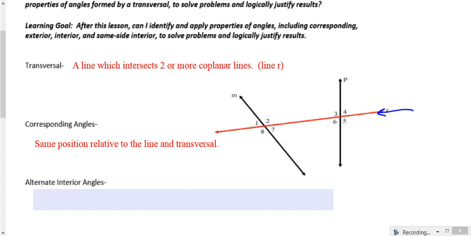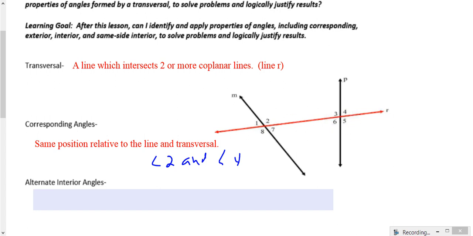So if we say angle 2, which would be considered upper right hand corner of those two intersecting lines, in this intersection point, the angle that is in the same position based on the other one, upper right, would be angle 4. So angle 2 and angle 4. And now you see my handwriting on the smartboard. Not very good.